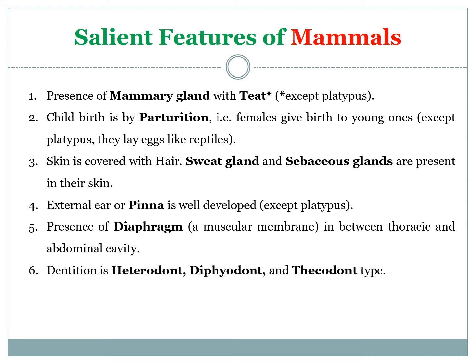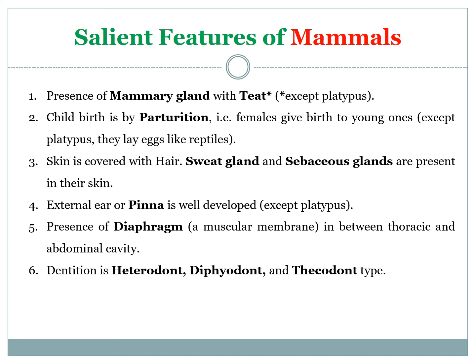Mammals have heterodont, diphyodont, and thecodont teeth. Heterodont means the teeth they have are morphologically dissimilar and assigned to different functions. Like human beings have 4 types of teeth: the incisor for cutting, the canine for tearing, and the premolar and molar for chewing.